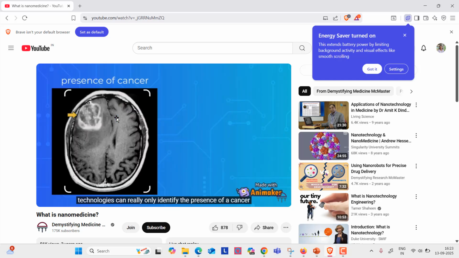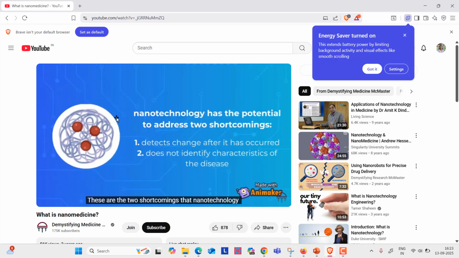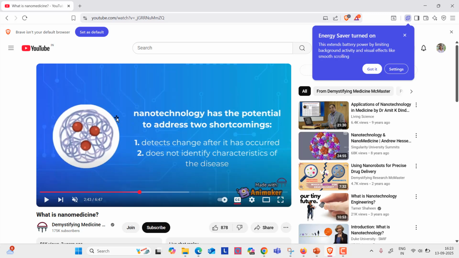Additionally, current imaging technologies can only identify the presence of cancer, but identifying the characteristics of the disease, including the nature of the tumor, requires a biopsy. These are the two shortcomings of conventional technology. The first is that it detects change after it has occurred and does not identify characteristics of the disease.